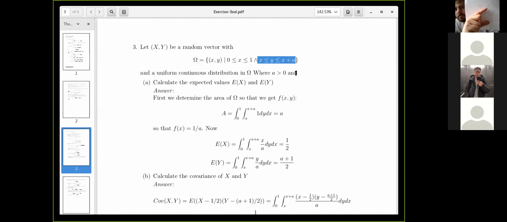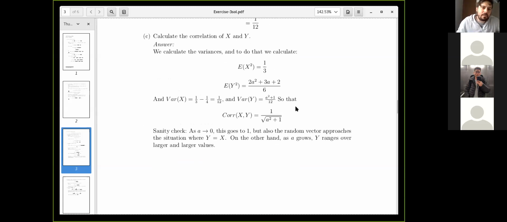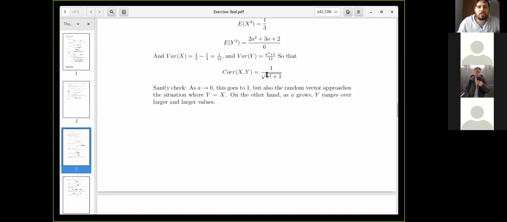So if this region becomes narrow, then the dependency is very strong. And if this region is huge, then there is only a minor effect of X on the value of Y. And this can be seen from the fact that this correlation will be diminishing, smaller.